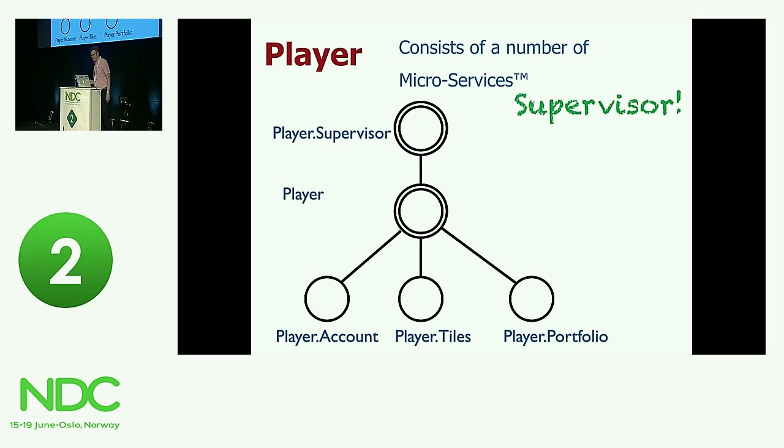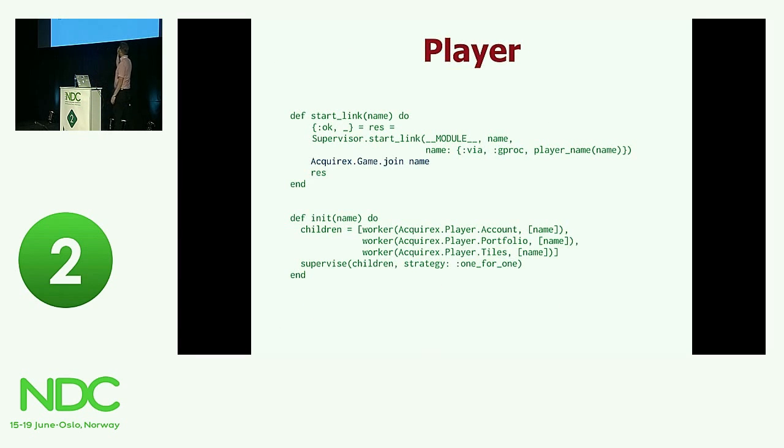And that actually means that when you have the player thing here, you will see that it uses the supervisor here, start the supervisor, again, name it using gproc there, join the game. When you are started as a player process, you join the game so that the game knows that you're ready to play.